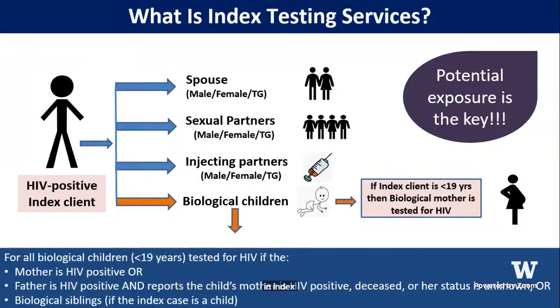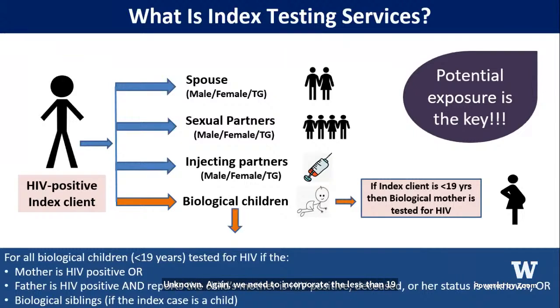So we need to inquire about that also, if there are biological children less than 19 years old. If our index case is an HIV positive woman, then we need to inquire about the children of that woman who are less than 19 years. If the index case is a male and reports that the child's mother is HIV positive or deceased or her status is unknown, again we need to inquire about the children of that male who are less than 19 years.